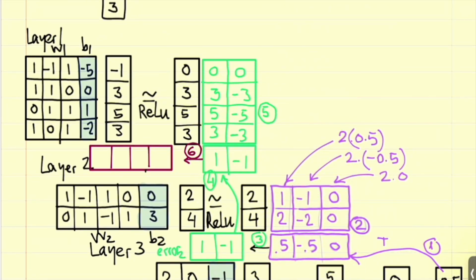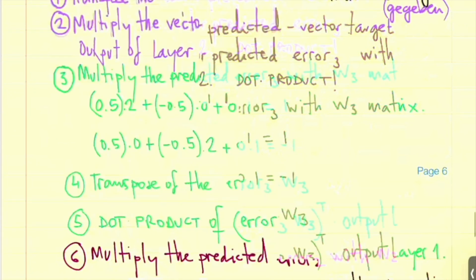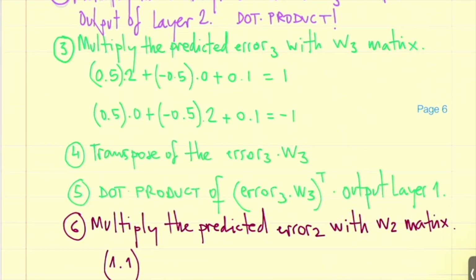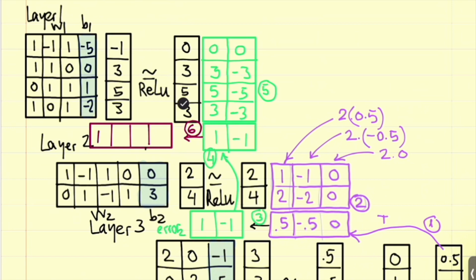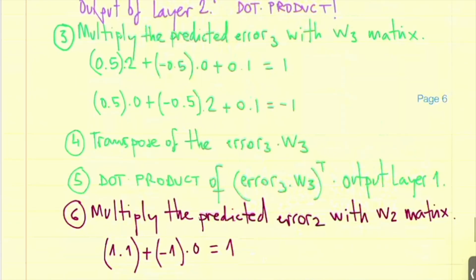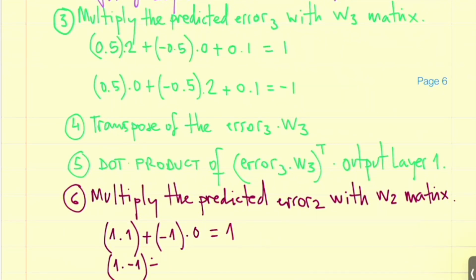And now we multiply both, and we get 1 times 1 plus minus 1 times 0, yielding 1. 1 times minus 1 plus minus 1 times minus 1, yielding minus 2.